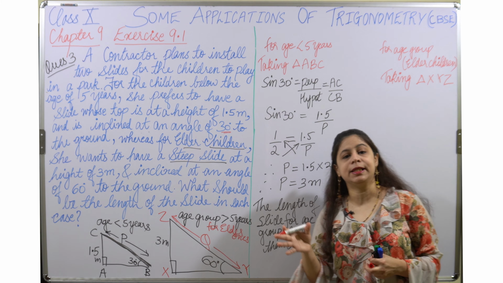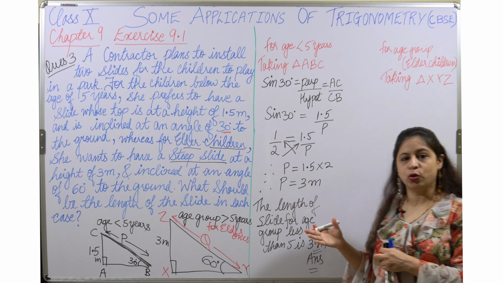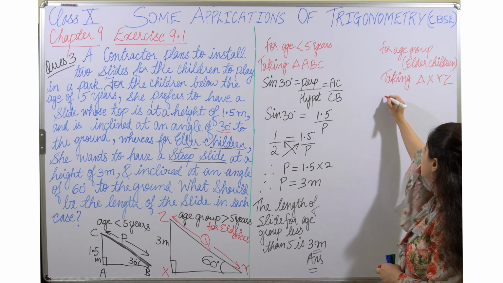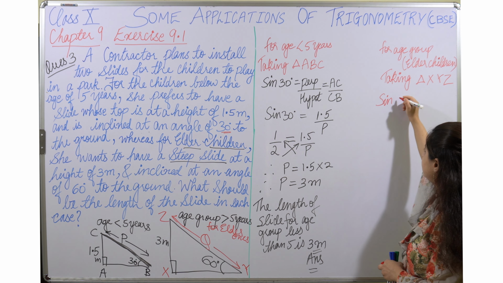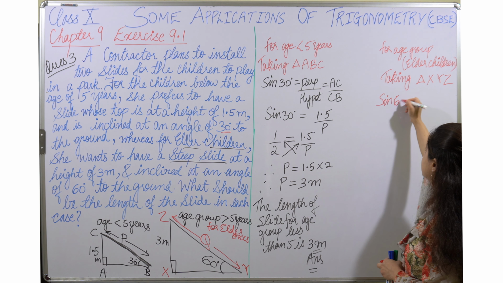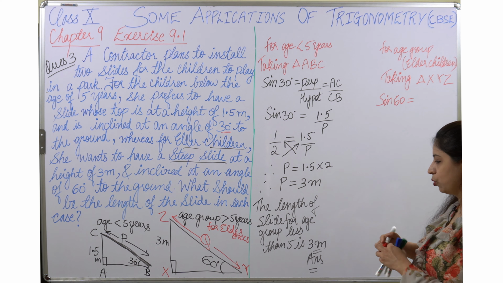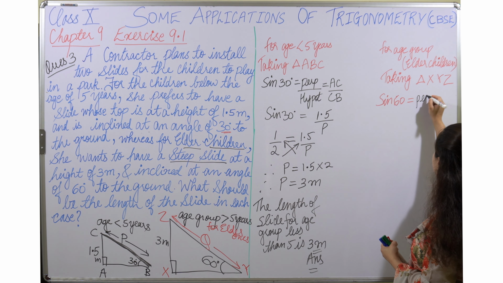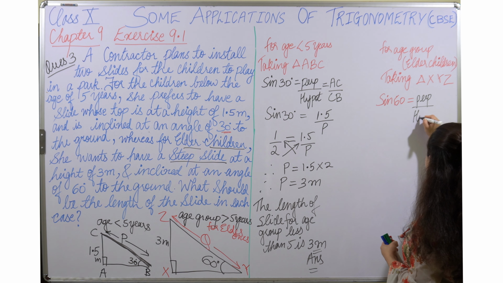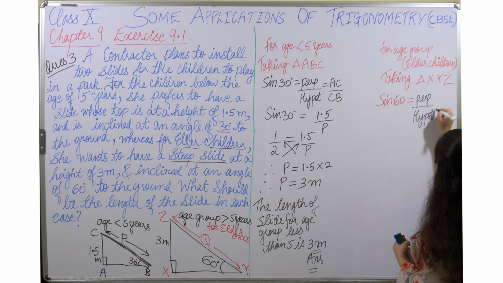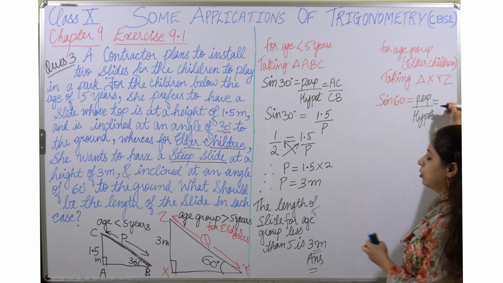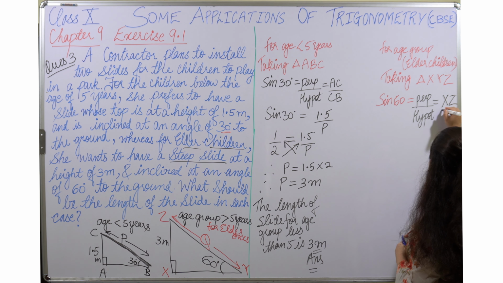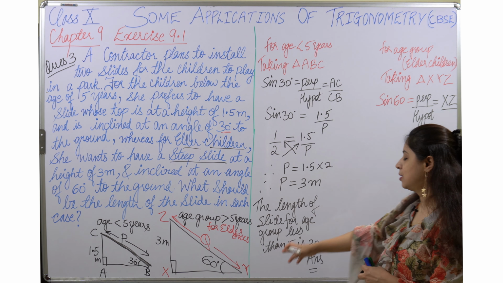So again we will be applying the same sine formula. Sine theta is equal to perpendicular upon hypotenuse. So sine theta here is 60 degrees, equal to perpendicular upon hypotenuse. So perpendicular over here is XZ, and hypotenuse is ZY.